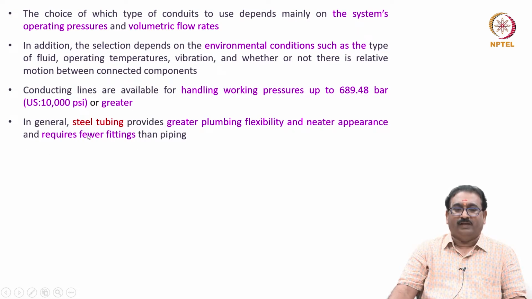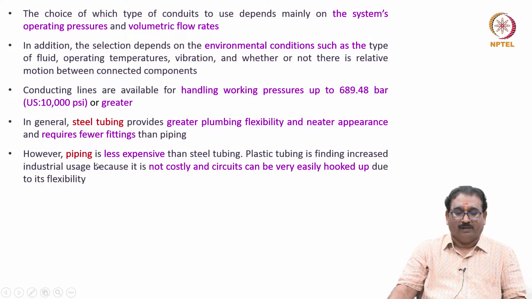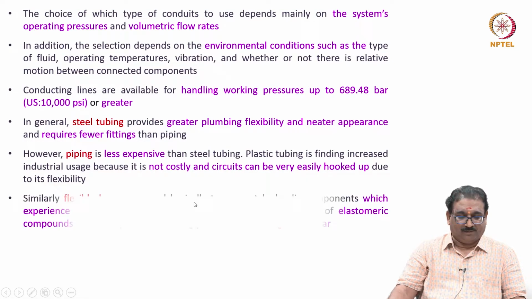In general, steel tubing provides greater plumbing flexibility and a neater appearance and requires fewer fittings than piping. However, piping is less expensive than steel tubing. Plastic tubing is finding increased industrial usage because it is not costly and the circuits can be very easily hooked up due to its flexibility.